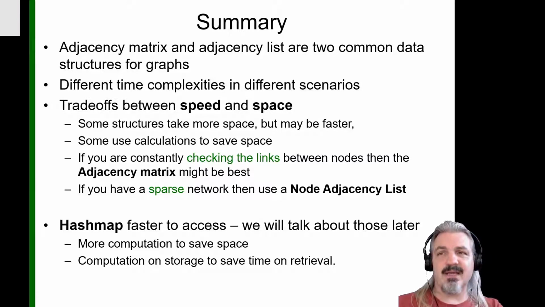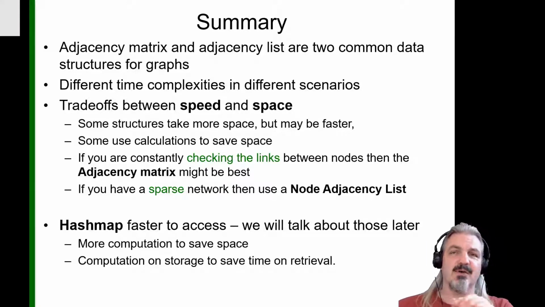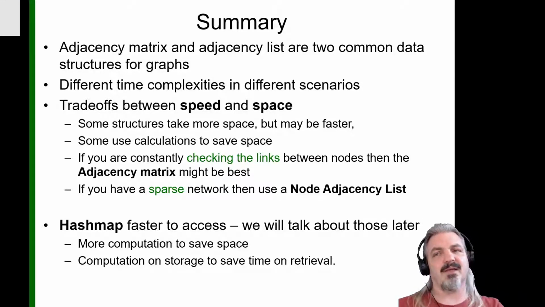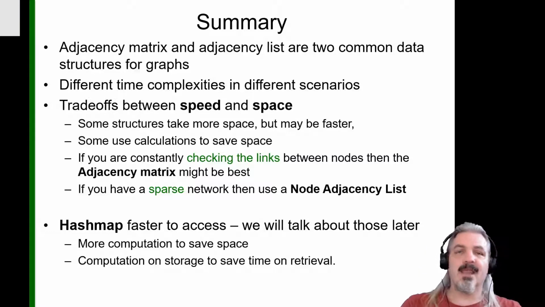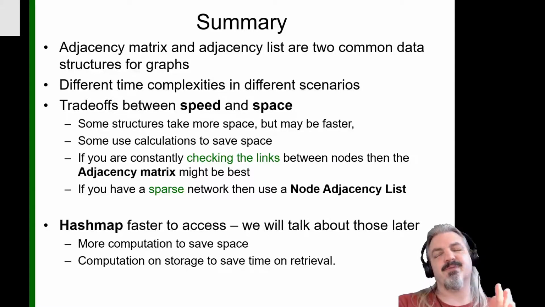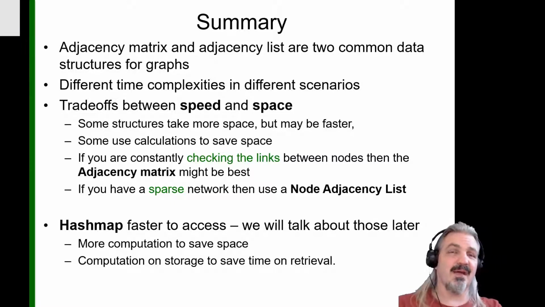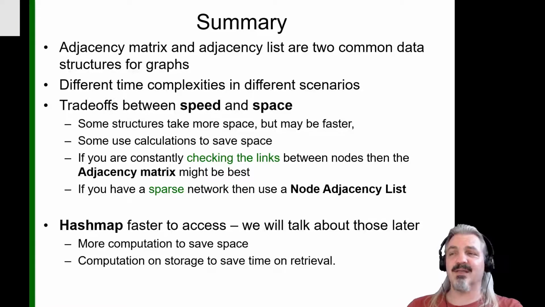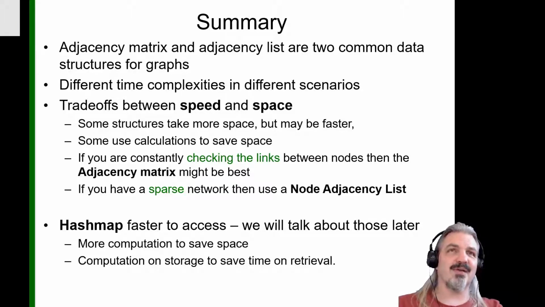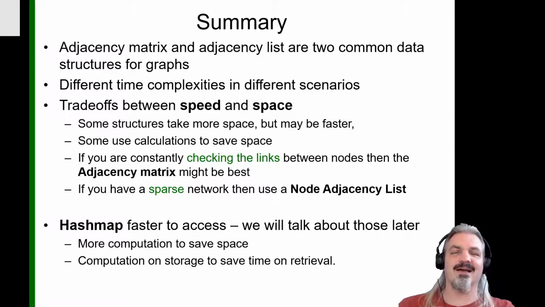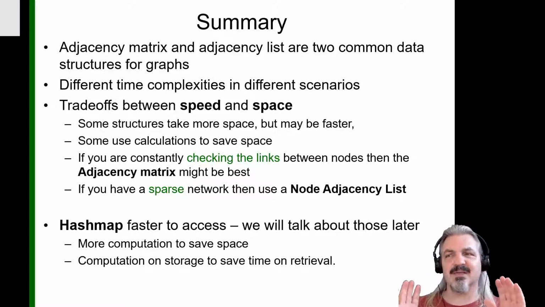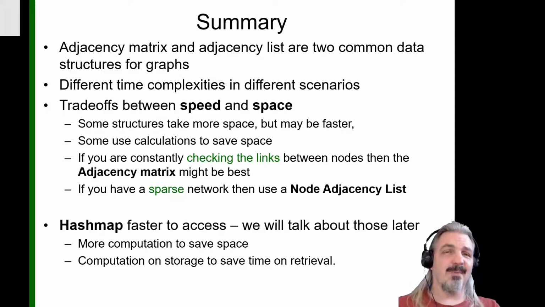So the adjacency matrix, if you're checking links between them, is great. The node list, if you're needing to point to other things, is the way to do it. In my sample answer for assignment 1, I actually use a bunch of hash maps because they're relatively quick for some things. If you know you've got a string and you need to look up a set item, a hash map is a pretty fast way of doing that.